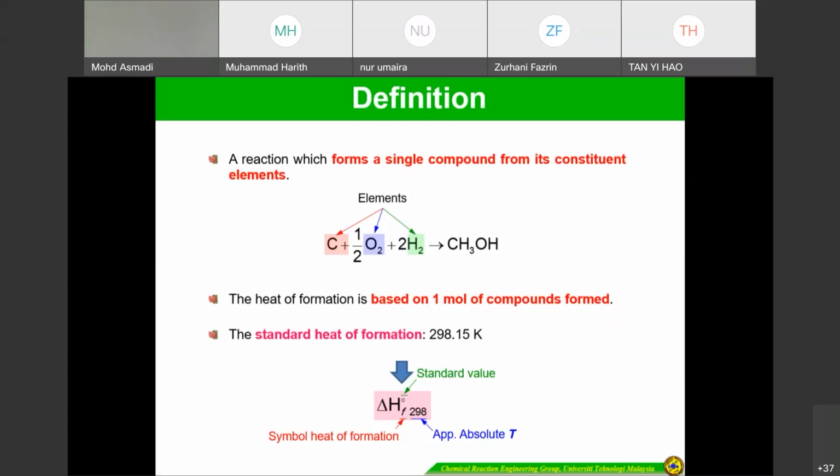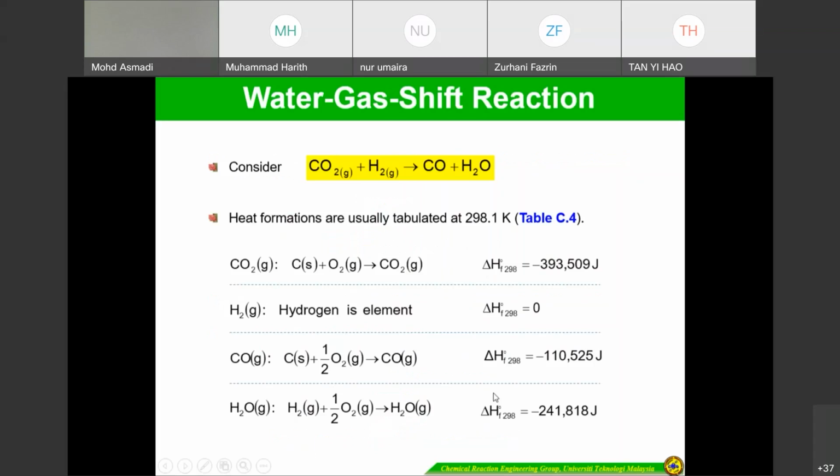As I explained in the definition, it is based on 1 mole of the compound formed from its constituent elements. So for the standard heat of formation, you look at the symbol, the standard value, the heat of formation f, and the absolute temperature.